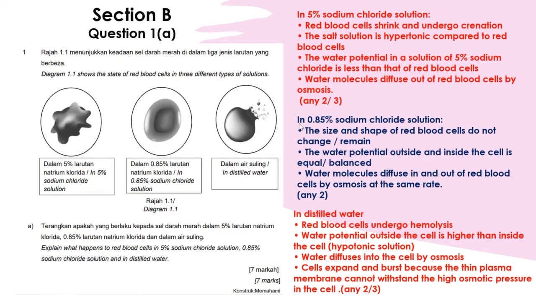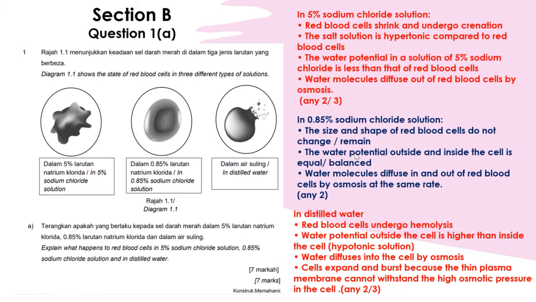Now let's go to the next solution, which is the 0.85% sodium chloride solution, which is isotonic to the red blood cell. What happened to the red blood cell? The size and shape of the red blood cells do not change, or remain the same.